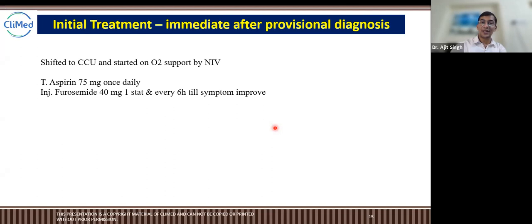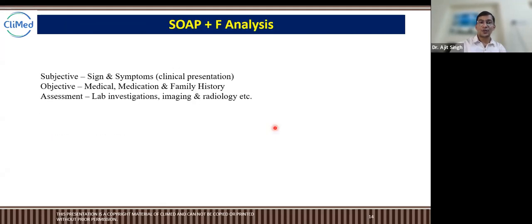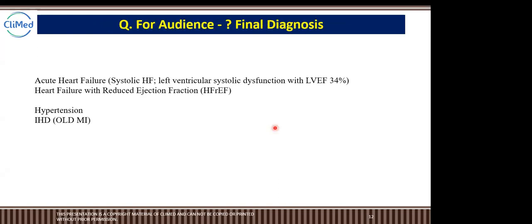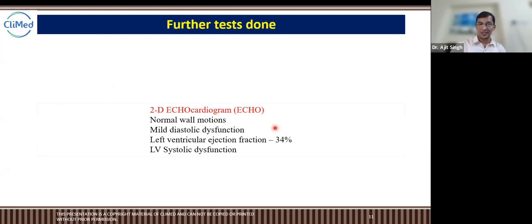You're right, but based on the potassium and sodium, sodium was just 132 for this patient, if you remember. Potassium was 4.1 or 3.9, I don't remember. Let's see what was the potassium. Based on that, we gave 40 mg and the frequent doses.